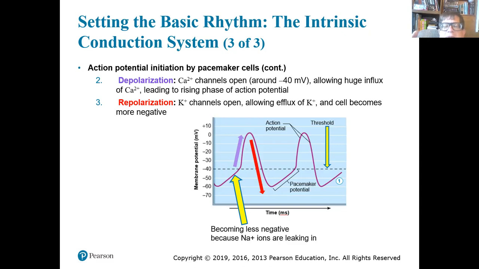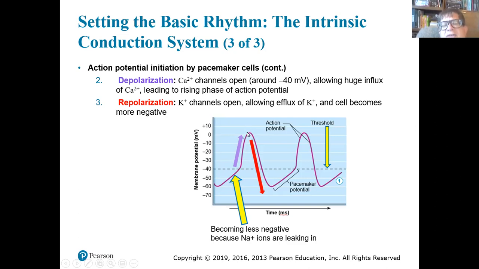We're talking about a muscle, so this is more like skeletal muscle, where you're going to open calcium channels and calcium is going to rush in. A whole bunch of calcium coming in will make the charges increasingly positive, much closer to zero, and that's the rising phase of the action potential.